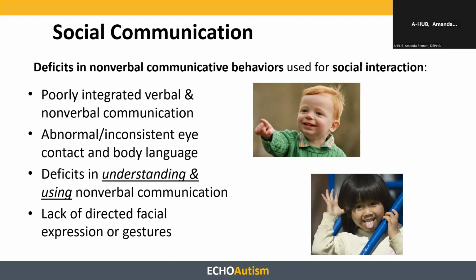Sometimes people have trouble using nonverbal communication, and sometimes they have trouble understanding or recognizing nonverbal communication from other people. And so either use of nonverbal communication skills or recognition and understanding of others' nonverbal communication, both of those could fit into this category. Next slide.